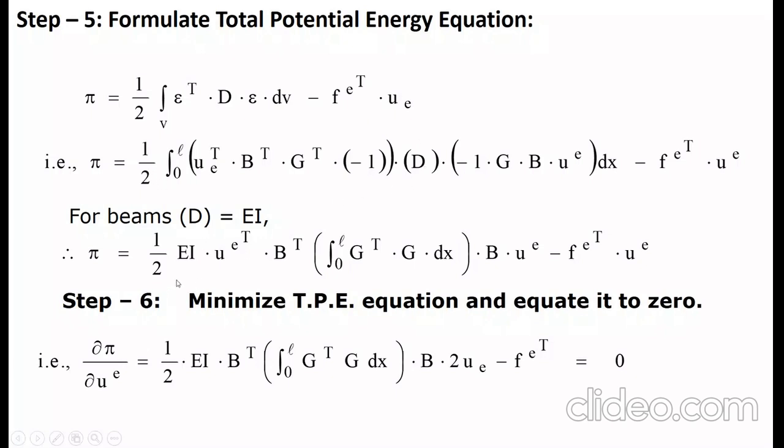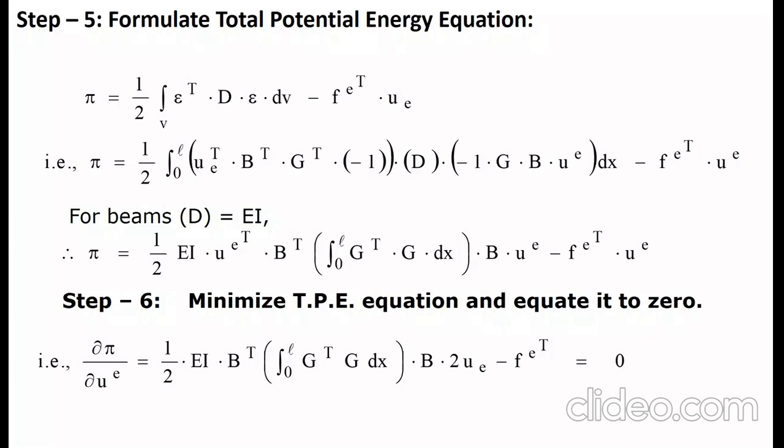So EI, U transverse, B transverse, we will take as common value. Integral of limit, so we will take it as 0 to L. So for that, the limit 0 to L, G transverse into G dx value. And then B Ue minus F into Ue.